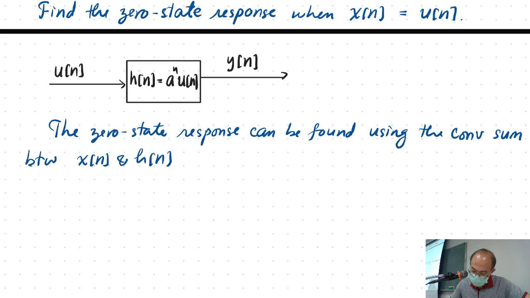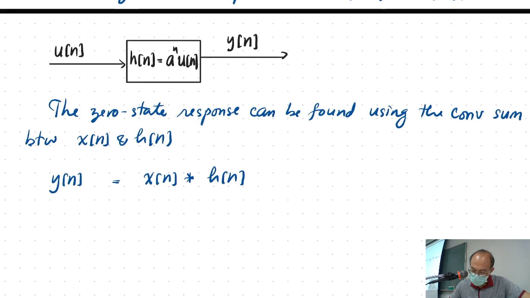So y, which is what we are after, is equal to x of n star h of n. The convolution sum is defined as the summation going from negative infinity to infinity of x of k, h of n minus k.